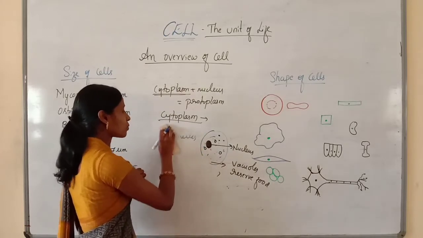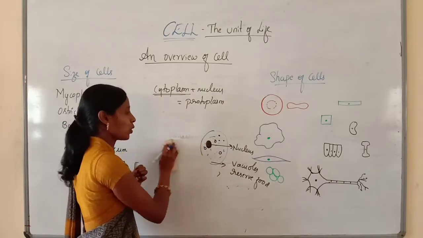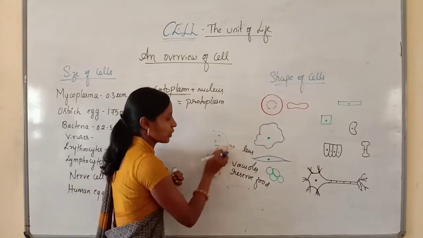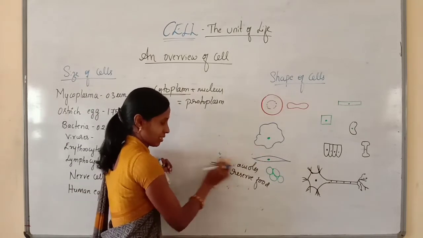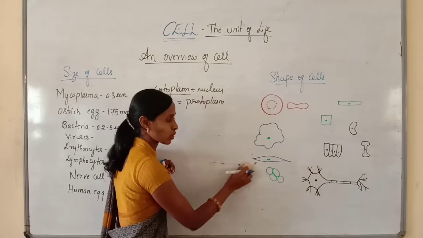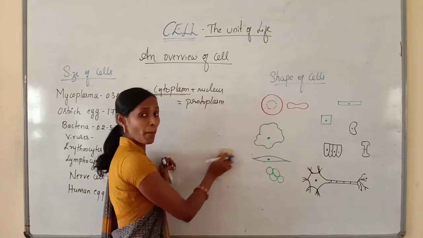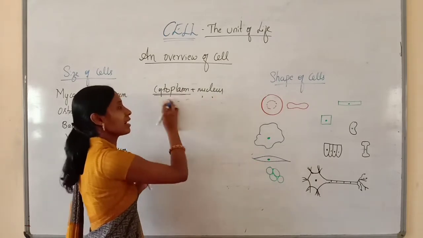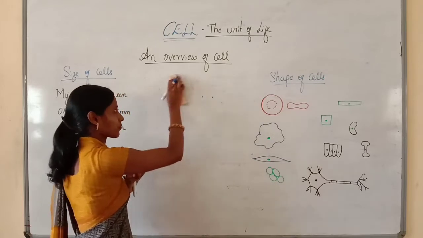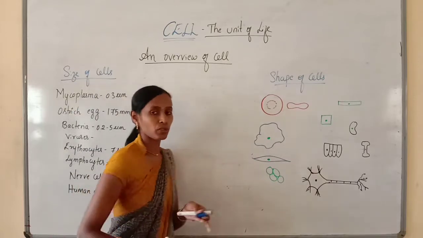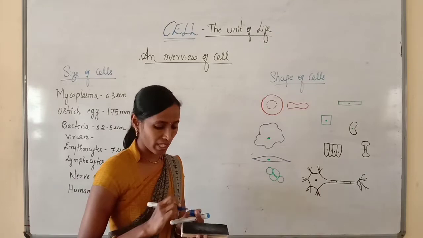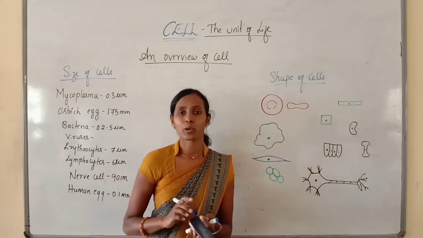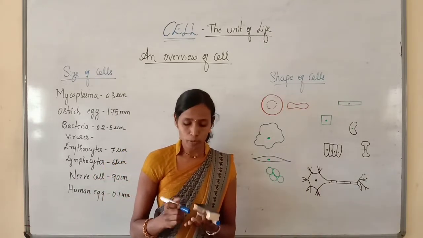This nucleus is very, very important, and you know what prokaryotes and eukaryotes are. If the cell contains a true nucleus, in the sense of a membrane bound nucleus, it is called a eukaryote. If they do not contain a membrane bound nucleus, it is called a prokaryote.